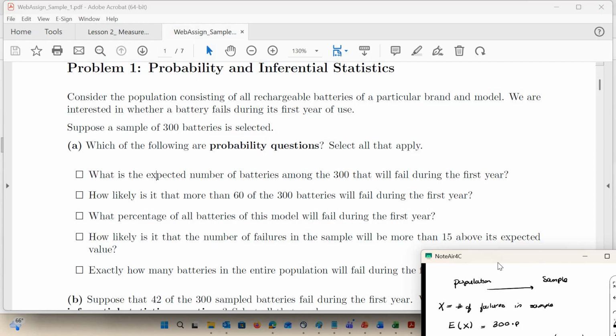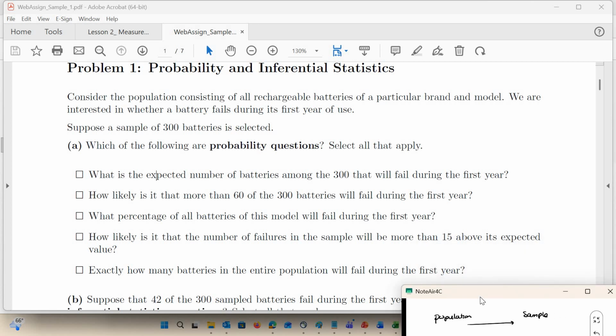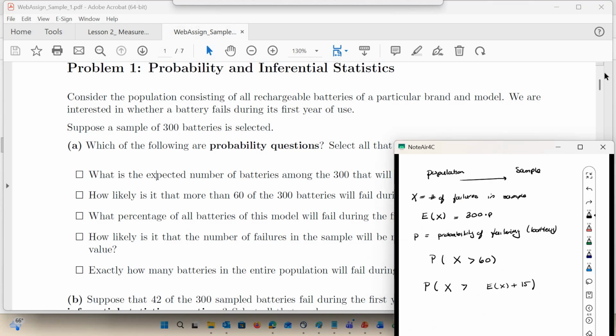So for the third one down, that's not going to be a probability question. And the next one, exactly how many batteries in the entire population will fail. It's asking for the realized number of failures in the entire population, not the probability of an event in that sample. That's not going to be posed as a probability question. And so that one also is not going to be a probability question.